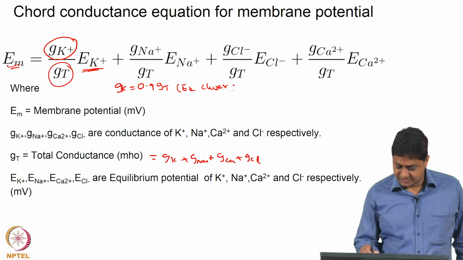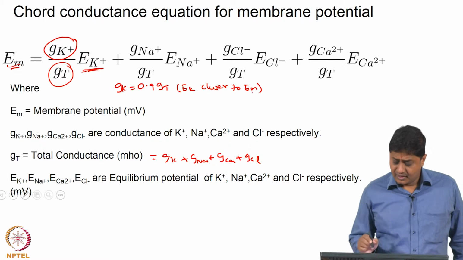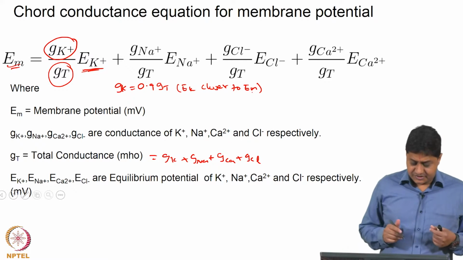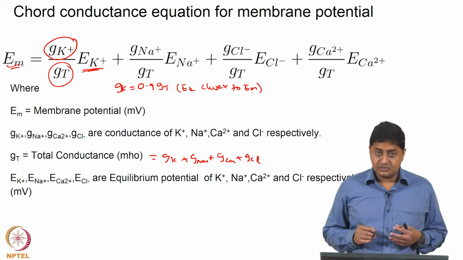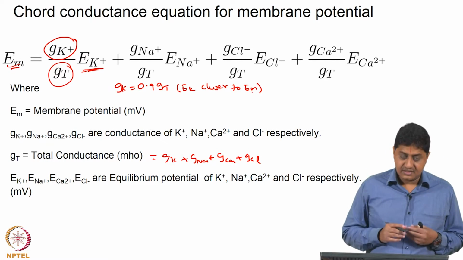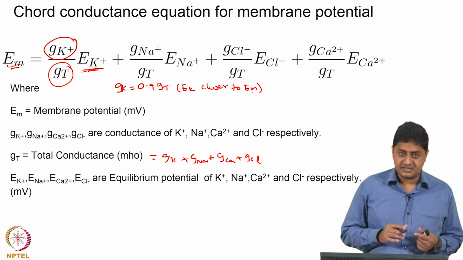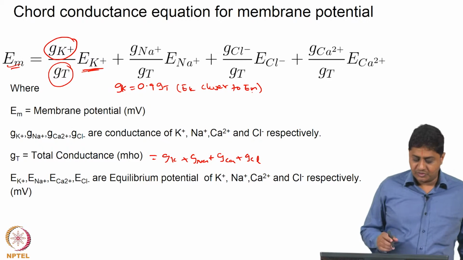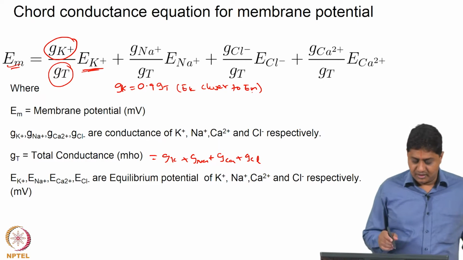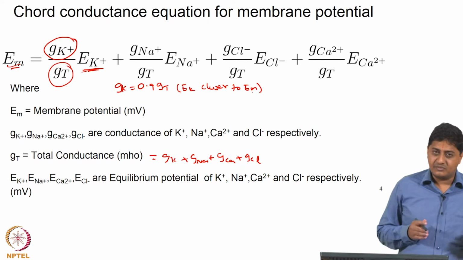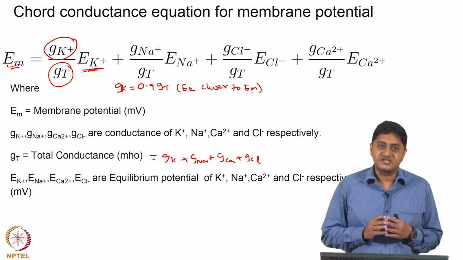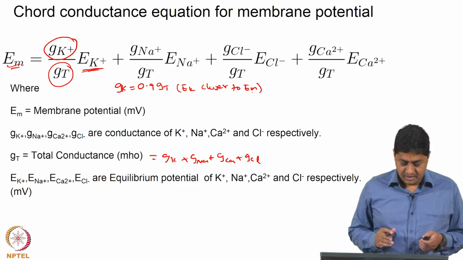This is an expectation, is it not? Likewise for other ions also. So, those ions whose conductances are high at rest are going to contribute the greatest to the membrane potential, or their equilibrium potentials are closest to the membrane potential.